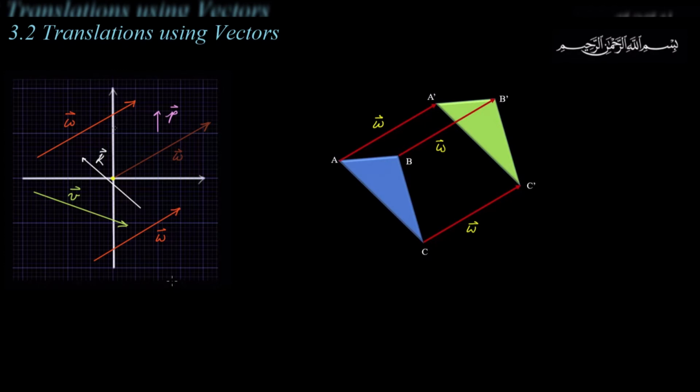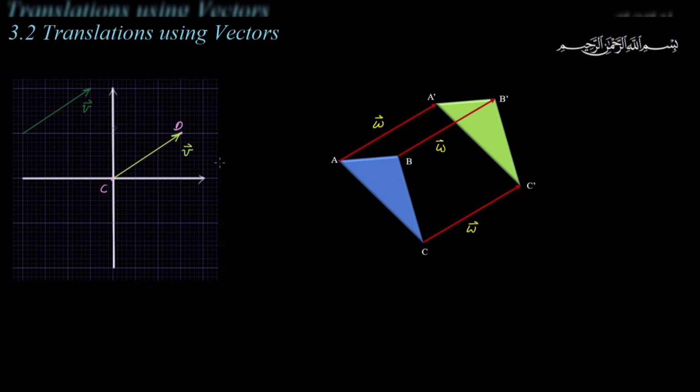All right, so now, a vector is the same as long as it is in the same direction and the same length. So I've drawn over here a vector V. This vector has these two endpoints here, C and D. So I can also name this vector using the two endpoints. I can call this vector CD.